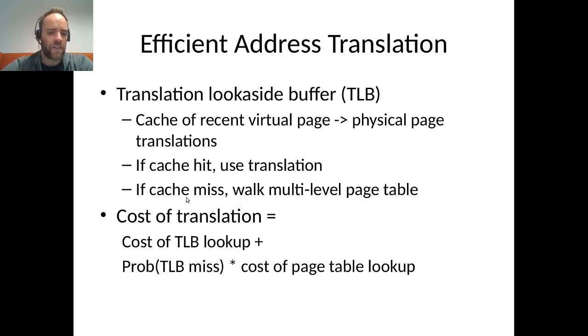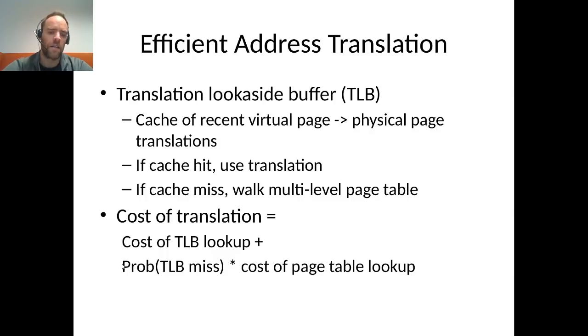And the alternative is we have a cache miss, in which case we just revert back to our regular virtual to physical page translation. The cost of the translation then is the cost of the TLB lookup, so how long it takes to access the cache and check if what we're looking for is in there, plus the probability of a TLB miss, so the chance that what we're looking for isn't in there, multiplied by the cost of a page table lookup.